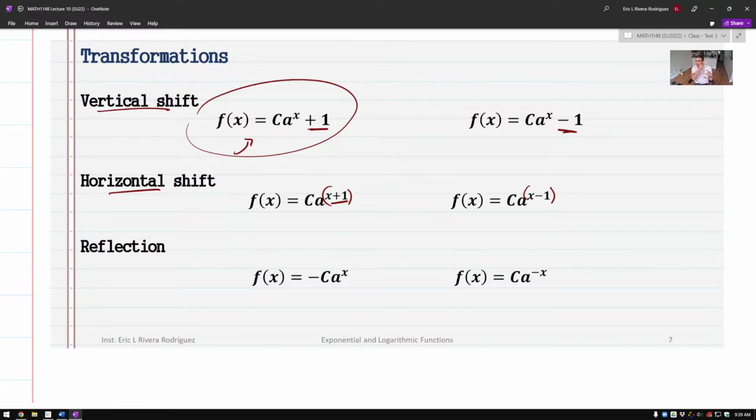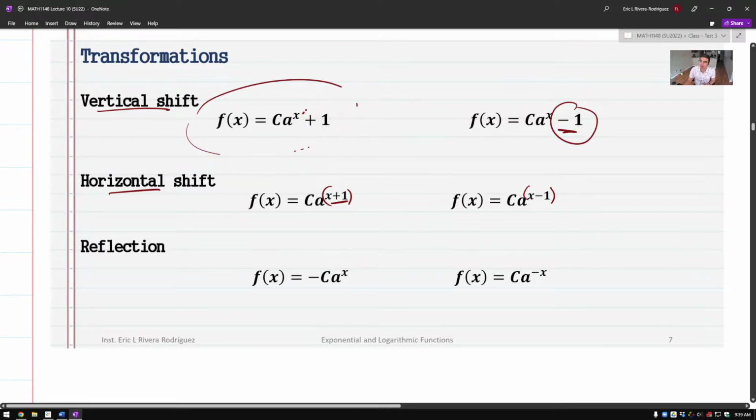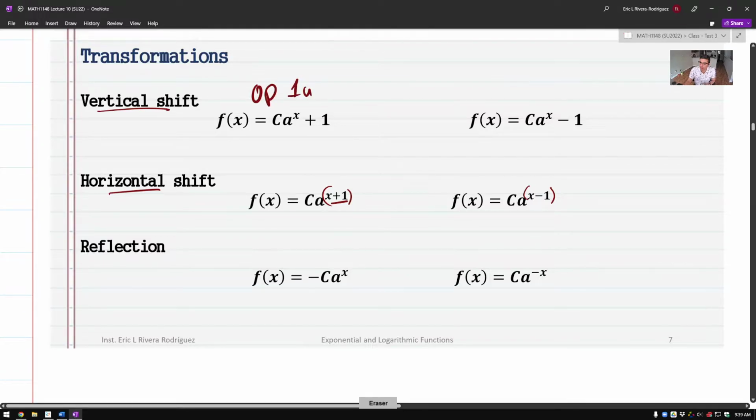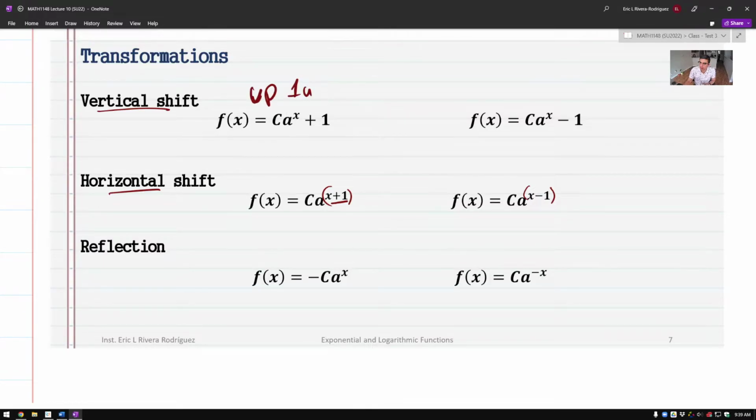Nicole, I didn't hear you. Can you repeat? Up. We go up by 1 unit. Okay, when we subtract, we go down by 1 unit, because here we are adding 1 or we're subtracting 1. So this is going up 1 unit.